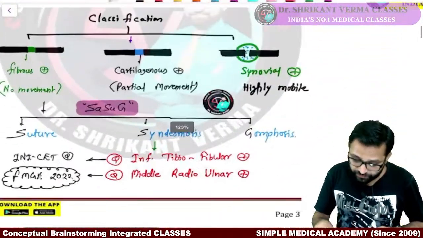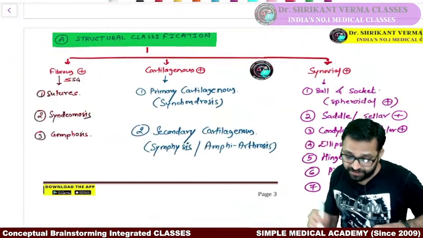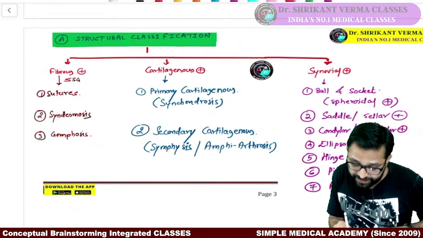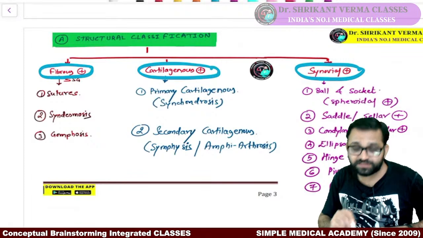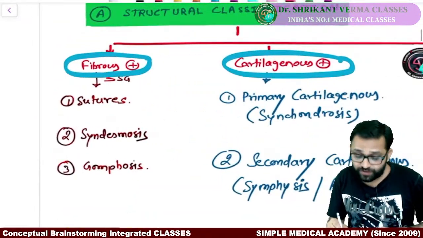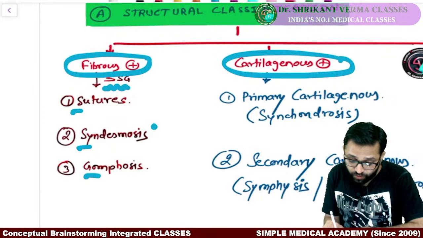Now try to understand our next thing. We had seen all this classification, the structural classification. Joints are fibrous joint, cartilaginous joint and synovial joint. I told you the fibrous joint mnemonic was Sasuji: sutures, syndesmosis and gomphosis.